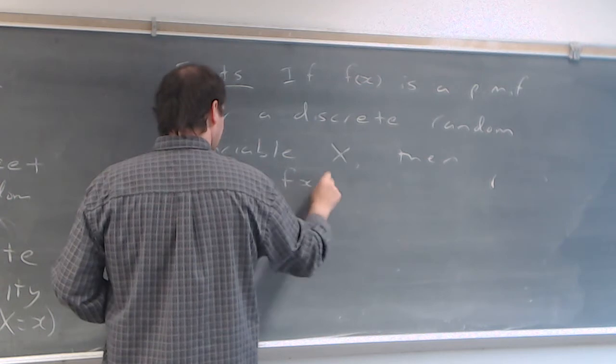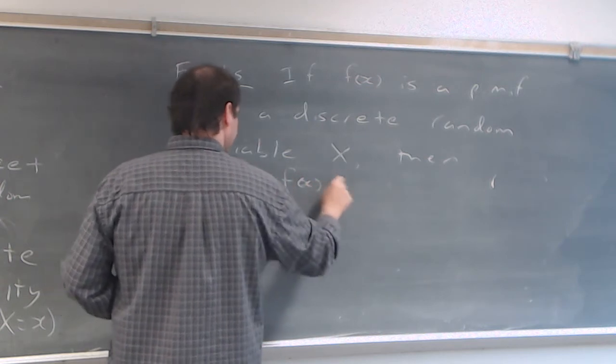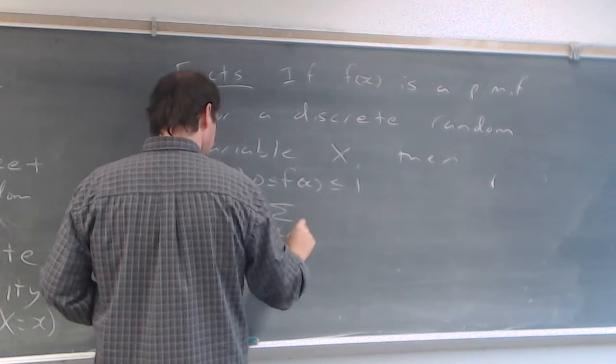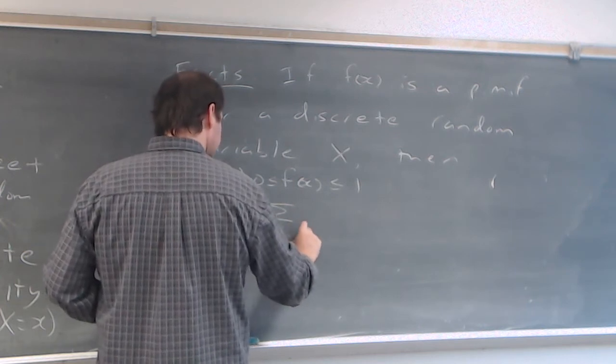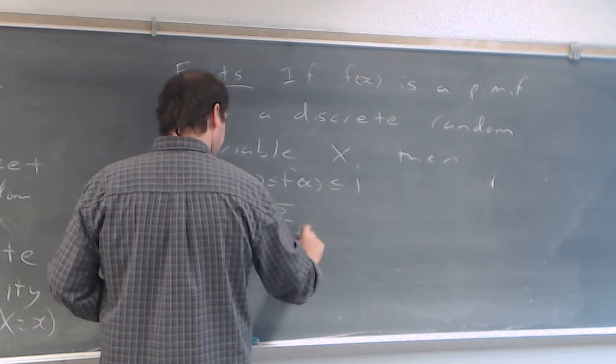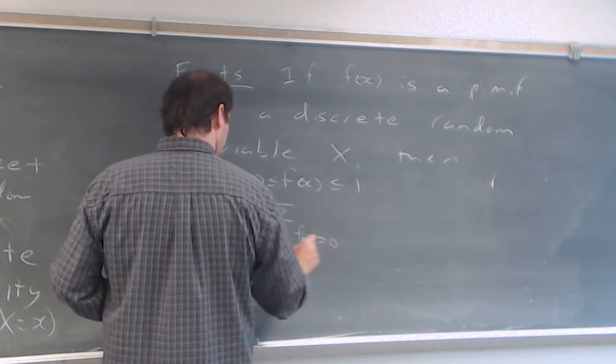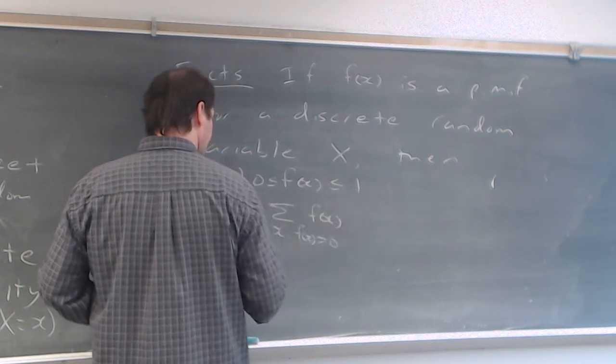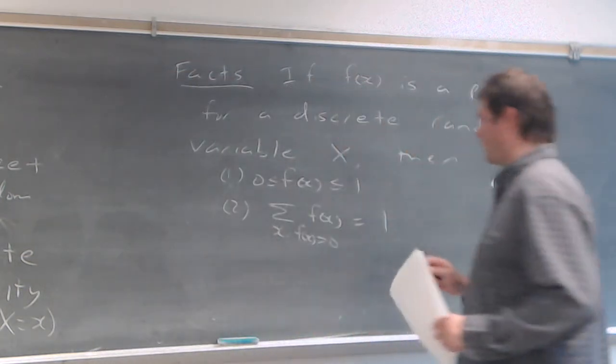First of all, f of x has got to be between 0 and 1. And second of all, if you sum up over all x values such that f of x is greater than 0, you sum up those f of x values, you'll get 1.